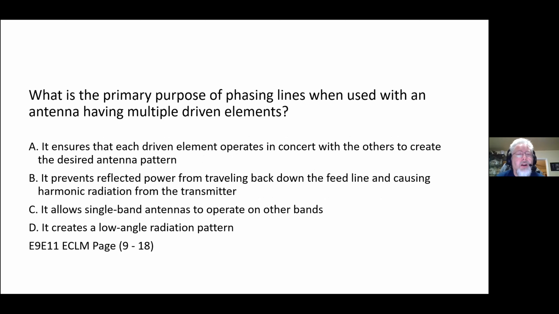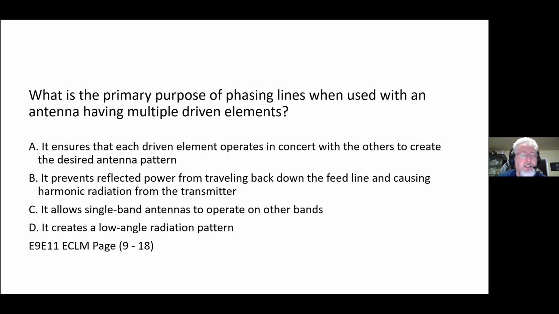What is the primary purpose of phasing lines when used with an antenna having multiple driven elements? A, it ensures that each driven element operates in concert with the others to create the desired antenna pattern.